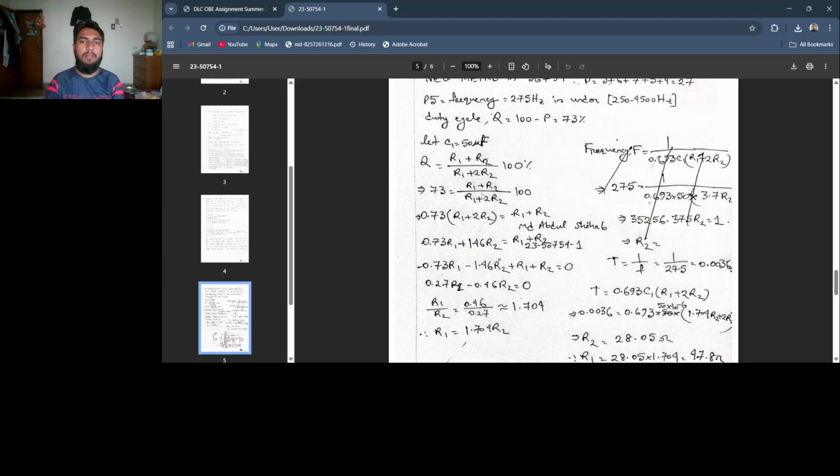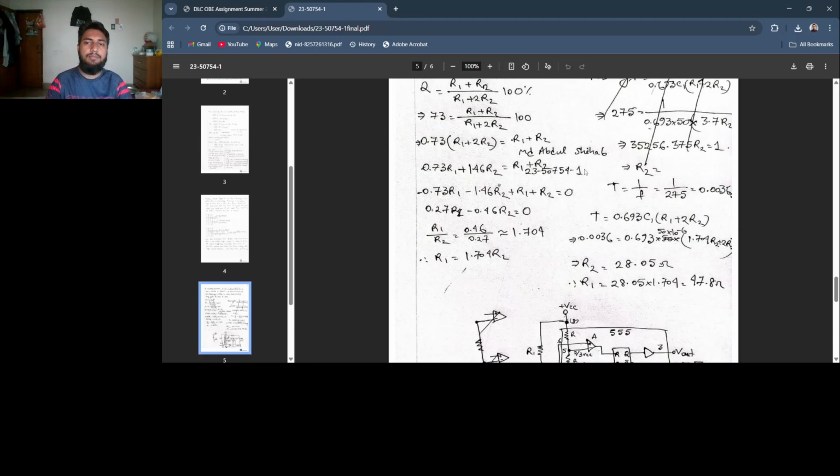Then dividing the left and right sides by 100, I find 0.73 (R1 plus 2R2) equals R1 plus R2. And my final result is R1 equals 1.704 R2.